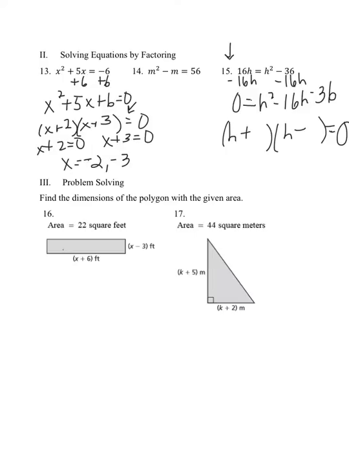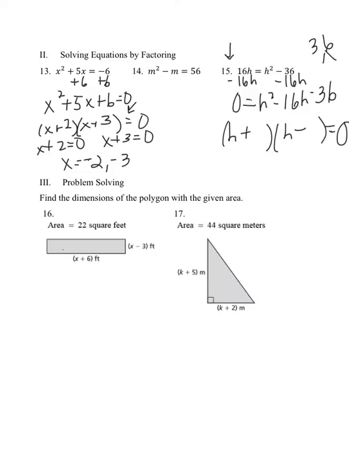So it's h and h. So now you have to think to yourself, all right, so 36. Well, I'm thinking 9 and 4, but that's not going to get me to -16. I'm thinking 12 and 3. We're getting a little closer, but that's still not going to get me to -16. So the other factor pair of 36 that I think of is 18 and 2.